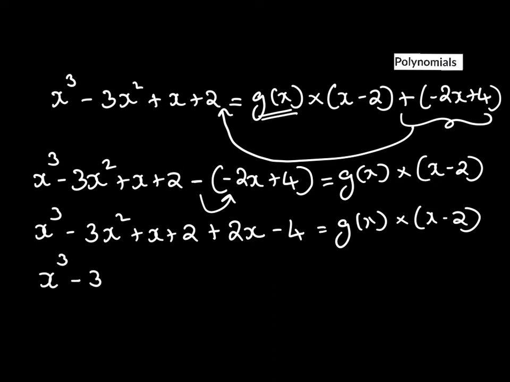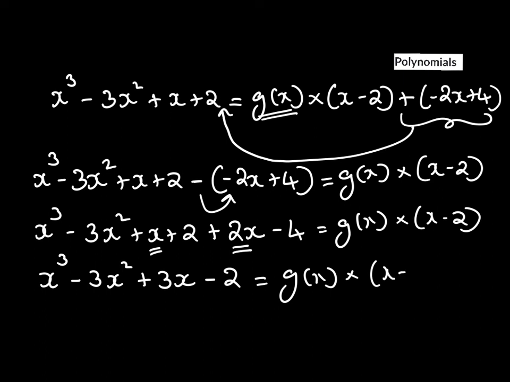Minus 3x^2, there is no other like term. x plus 2x is 3x. 2 minus 4 is minus 2, equal to g(x) times (x - 2).